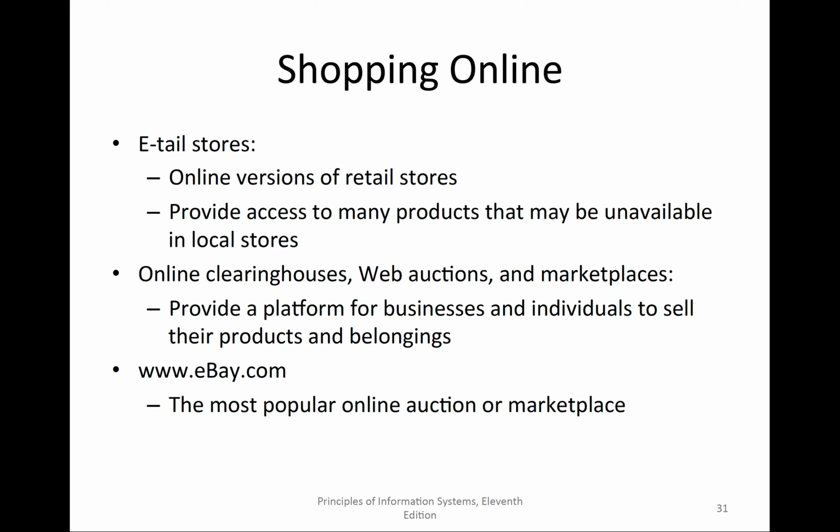You don't have the cost of storing them physically, so it is a benefit. There are online clearinghouses, web auctions, and marketplaces that provide a platform for businesses and individuals to sell their products and belongings. We have the example of eBay, the most popular online auction or marketplace where you can sell your product via auction.